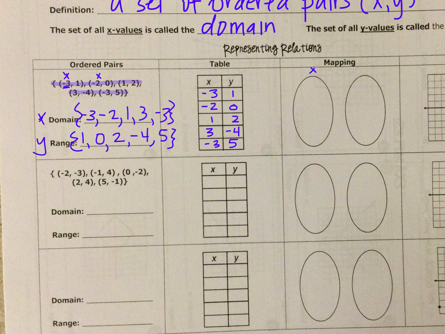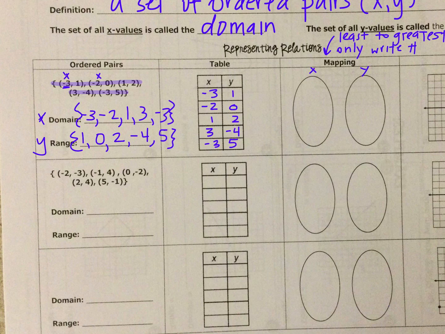All right, when we put it in a map, we're going to put all of our x's in the first circle and our y's in the second circle. Fun little fact is, write the numbers in order from least to greatest. And the other fun fact is that you only write a number one time.